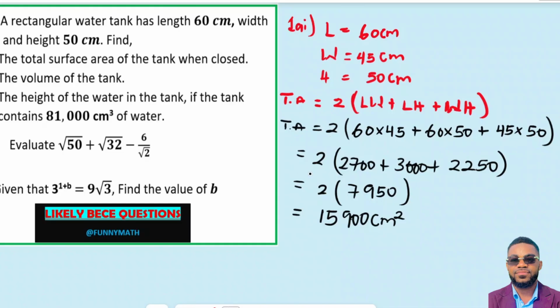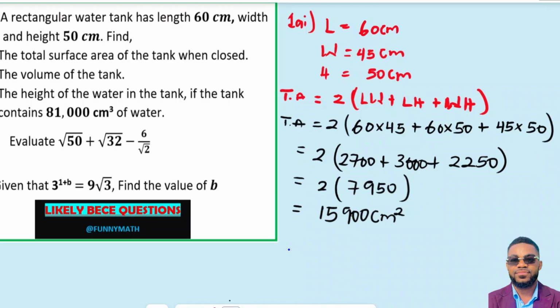Now let's come to the volume of the tank. That's going to be 1(a)(ii). Always remember to write the question number. That's very, very important. That is 1(a)(ii), the volume of the tank. So this is another formula way. You see, these questions are formula based. If you know the formula, you can just work it out.